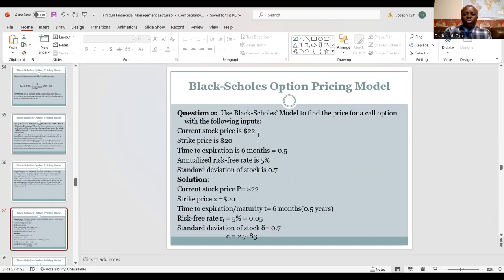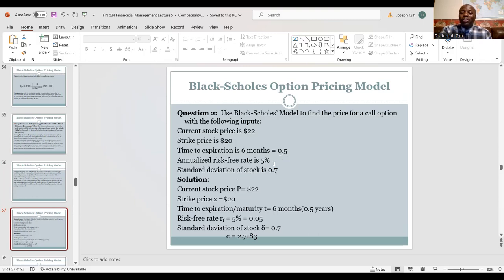Current stock price is $22. Strike price is $20. Time to expiration is 6 months. There are 12 months in a year, so 6 months means 6 over 12, which is 0.5. The risk-free rate is 5%. Standard deviation is 0.7.